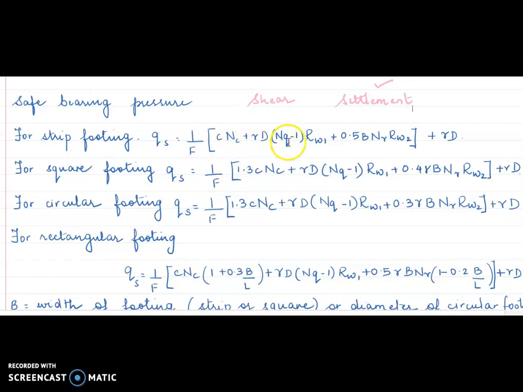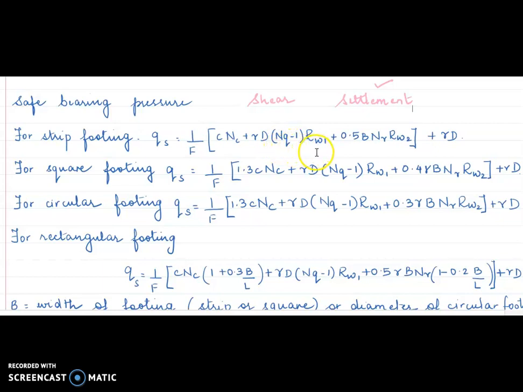So NC is the bearing capacity factor related to cohesion, NQ is the bearing capacity factor related to friction, and N gamma is the bearing capacity factor related to unit weight. Gamma is unit weight, D is the depth of the foundation, and RW are the water reduction factors. That is basically how your water table or presence of water will affect your bearing capacity.